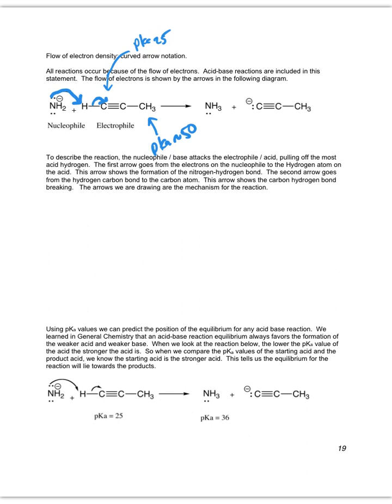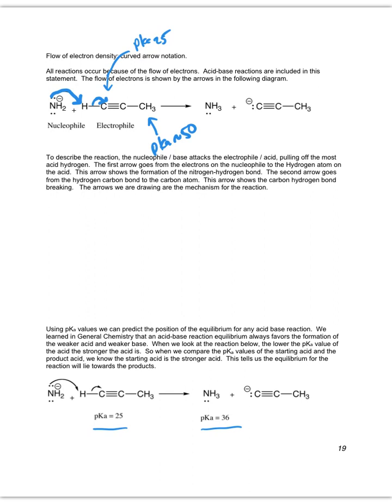Now we can use the pKa values to predict the position of the equilibrium because we know what happens in an acid-base reaction. In any acid-base reaction, the equilibrium always goes to the weaker acid and weaker base. Between these two pKa's, 25 and 36, which one's the weaker acid, the one on the starting material or the one on the product?